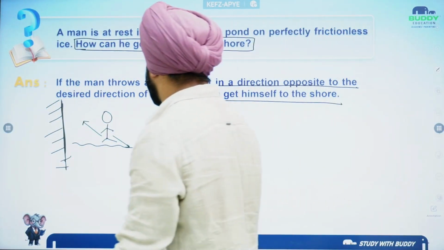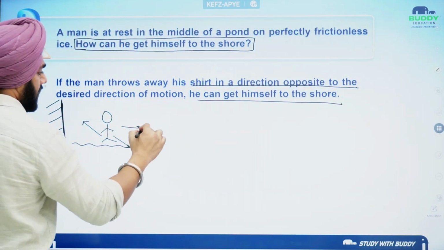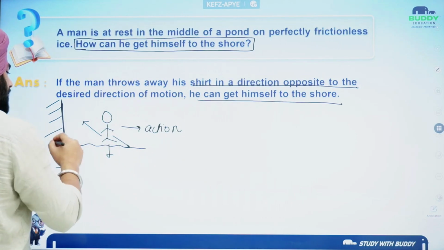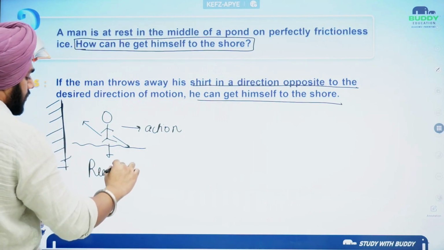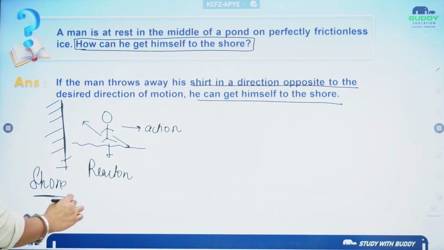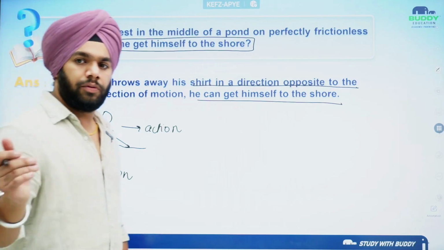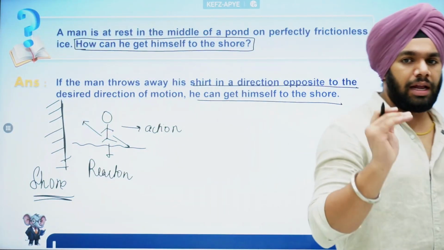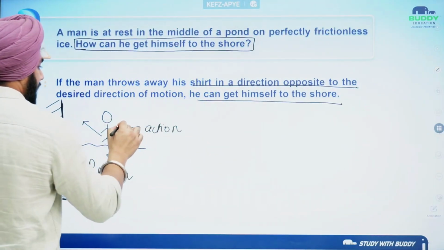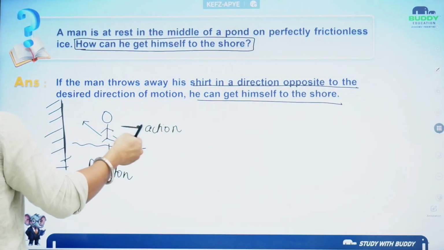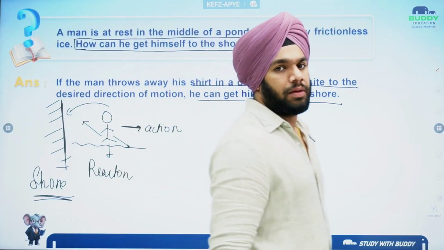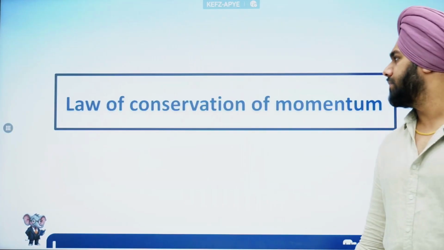If I apply the force here, this will be the action, but the reaction that the man will get will be on the left hand side, towards the shore. So in simple words, if I want to move towards the shore, I'll start exerting force on the side opposite to the shore, right? I'm applying the action here, but the reaction I'm getting is towards the shore, so I'll move in this direction. Okay, got my point? Let's move to the next question.